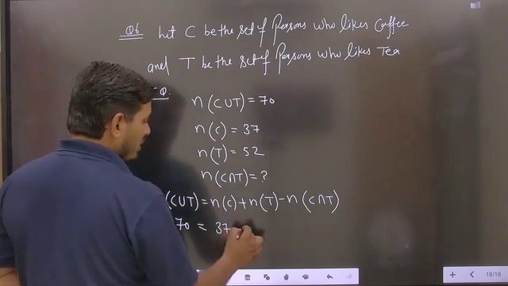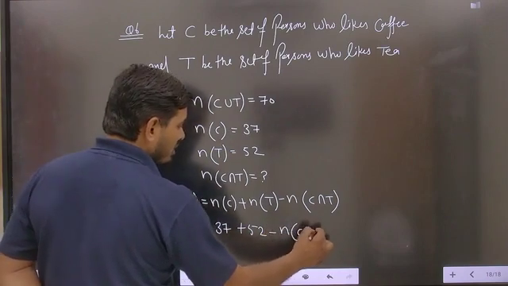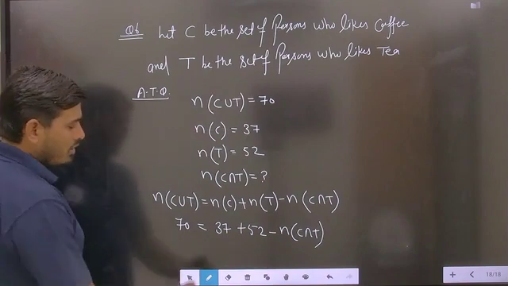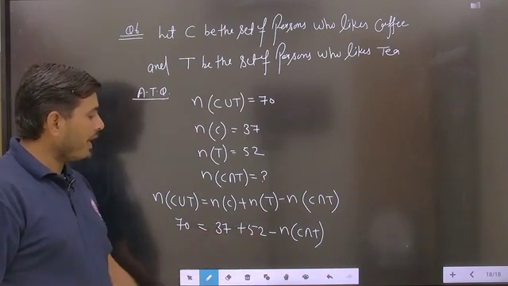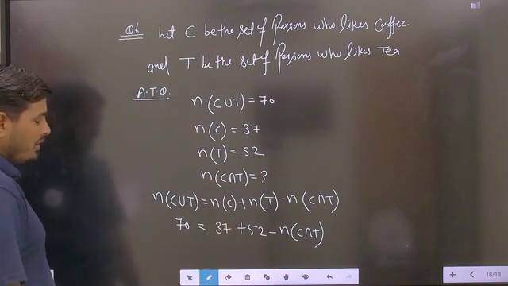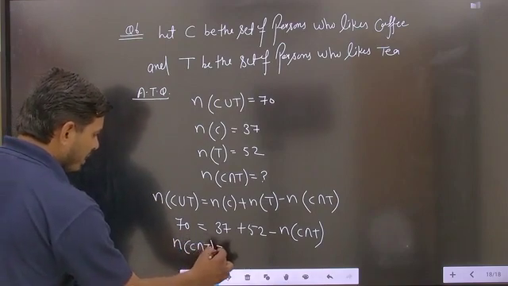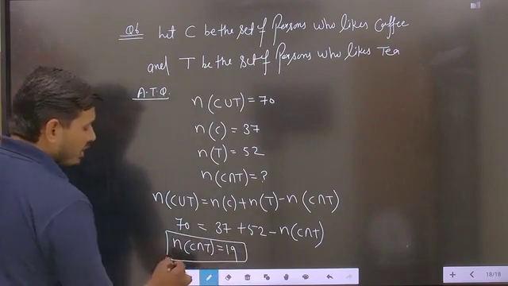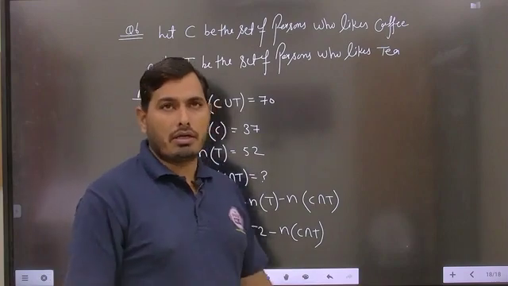T has the value 52, and minus n of C intersection T. Now we just have to do the calculation. 37 plus 52 is 89. So 89 is to be subtracted from 70. Then n of C intersection T is obtained as 19. Is it clear? This is the answer to this question. It means there are 19 persons who like both tea and coffee.